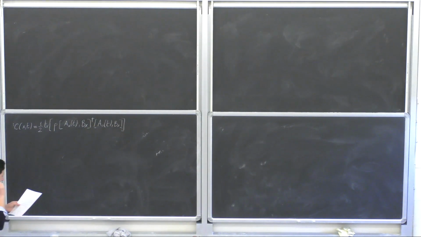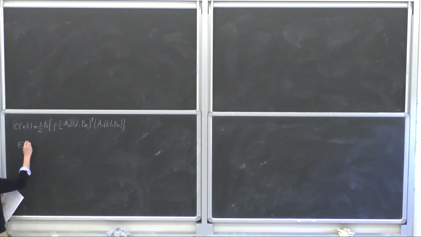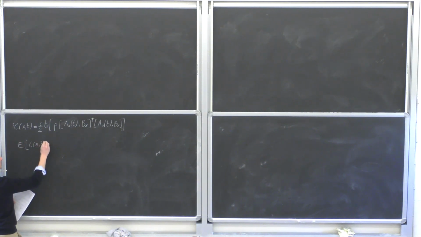Okay. Yeah, so let's continue from last time. We introduced this object and we wanted to compute the expectation value of this object for random unitary circuits.